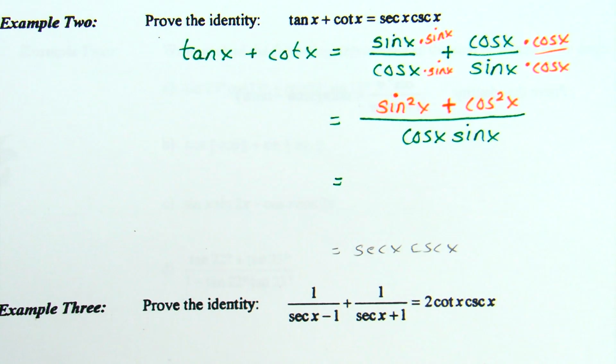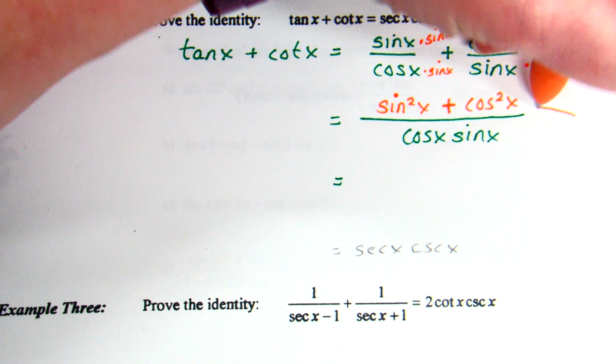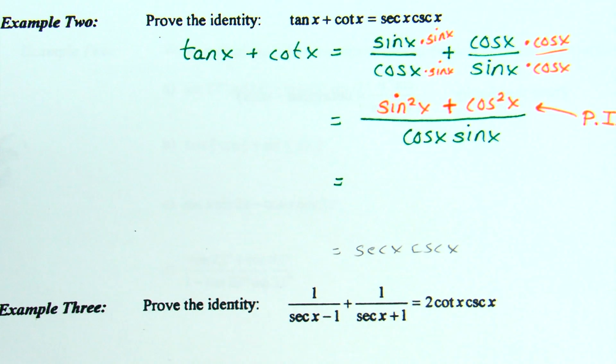What do you know? What equals 1? Sine squared x plus cosine squared x is a Pythagorean identity.